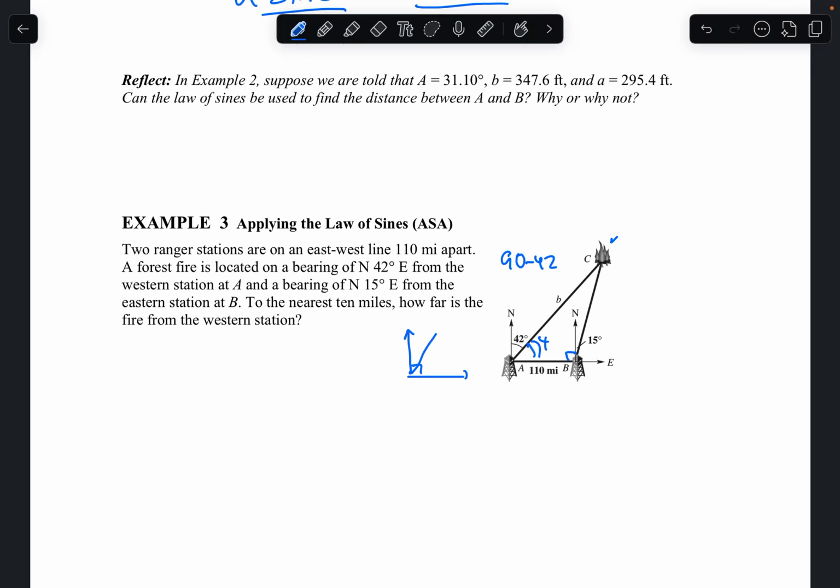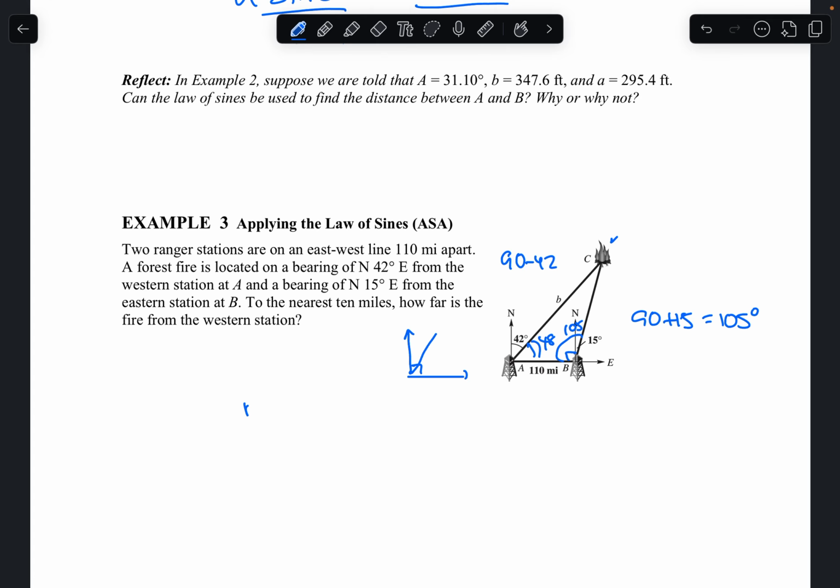So again, this is a right angle. So that's 90 plus 15, 105. And 48. Remember back in geometry when we talked about the angle addition postulate? Now you know why we have to be able to do them.